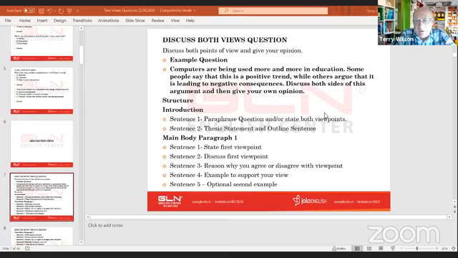And you can also include the outline, in other words, what you're going to write about in the essay. But I often see students writing 3 sentences or even 4 or 5 sentences in an introduction. And there's absolutely no need to do that. 2 sentences is what the examiner wants from you.